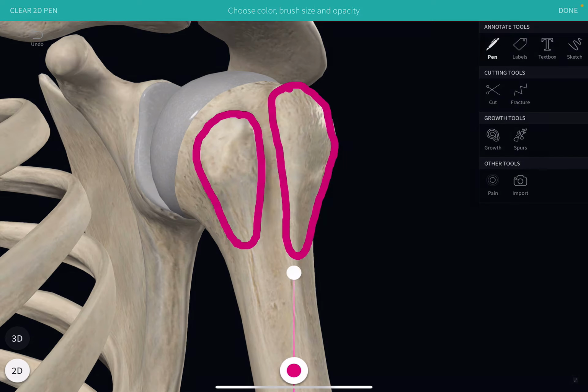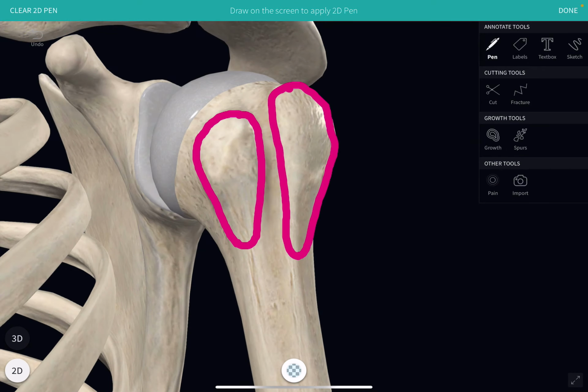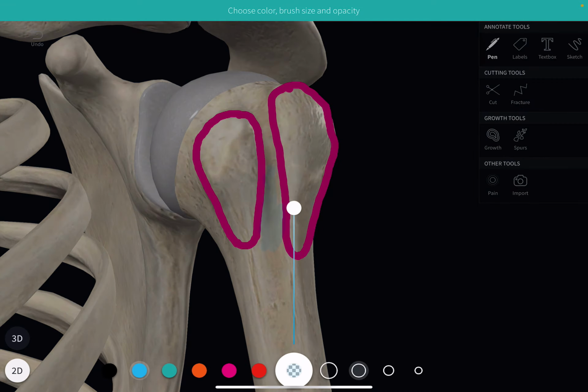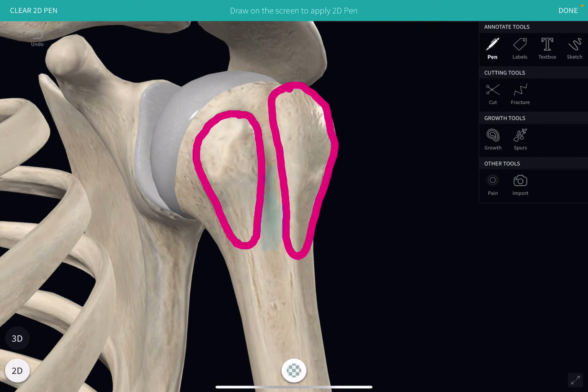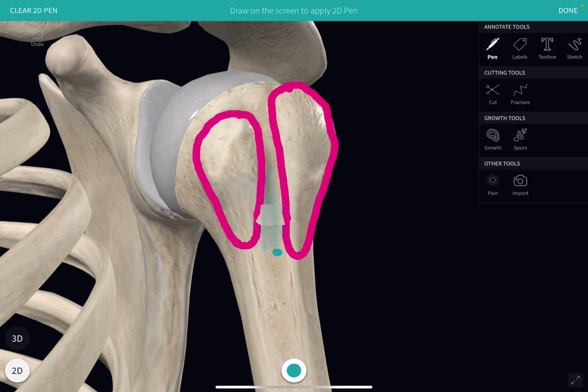So this is the lesser tubercle, and this one right here is the greater tubercle. In between these we have the intertubercular sulcus. This part here is the intertubercular sulcus. Why is it called intertubercular sulcus?